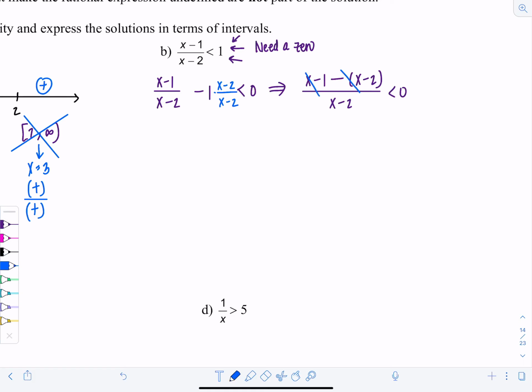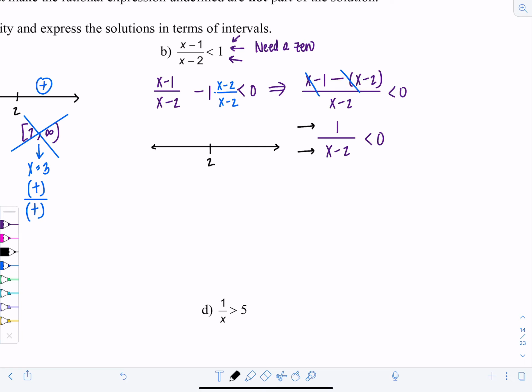I have negative 1 plus 2, which just gives me positive 1 over x minus 2 is less than 0. So this is the inequality we're going to solve now. There's no zeros from the numerator. It's just a constant. And then x equals 2 is a 0 from the denominator. But remember, it's also a restriction, so I won't include it. So all I have here is sad little 2.